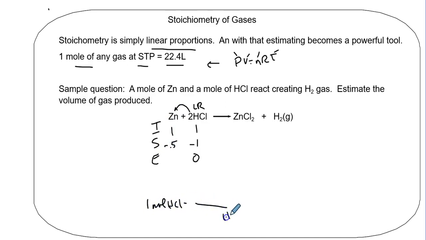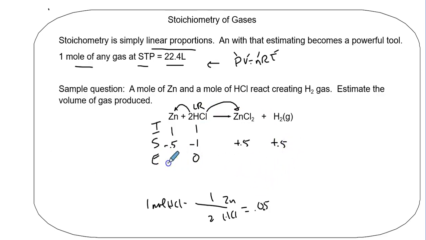Get rid of the HCl and go to the zinc. At a 2-to-1 ratio, that's minus 0.5. The same ratio holds true for the zinc chloride, plus 0.5, and at a 2-to-1 ratio for the hydrogen, also plus 0.5.